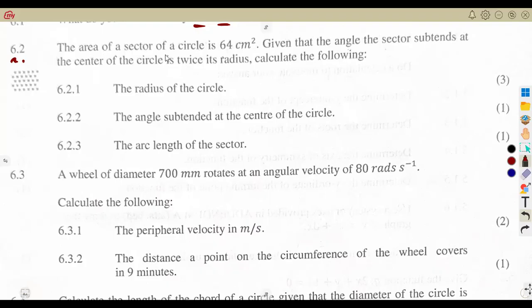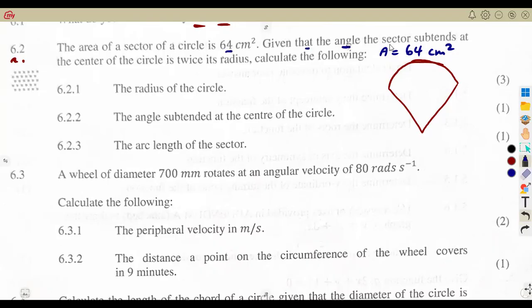The area of a sector of a circle is, so we are talking of a sector. Remember, a sector is just a piece of a circle. Like on a circle, we just take a piece like this one. So they gave us the area of that sector, that it is 64 square centimeters.